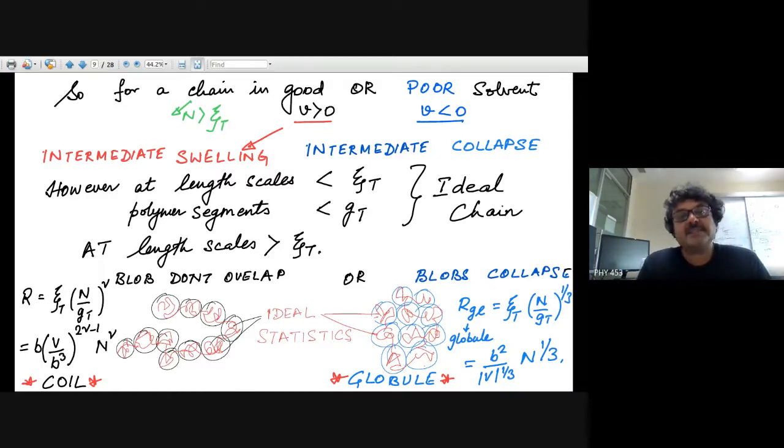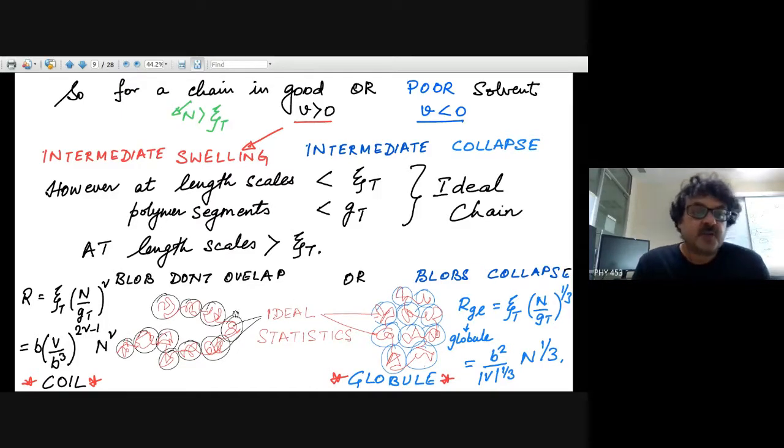And at this intermediate, what you will have is swelling above this zeta T length scale. So at length scales less than zeta T, or at a polymer segment of length zeta T, it will behave like an ideal chain, but at length scales greater than that, it will behave like a swollen chain, n to the power 3/5.